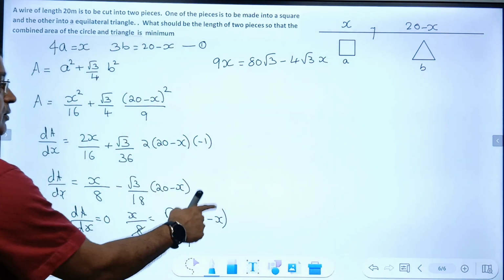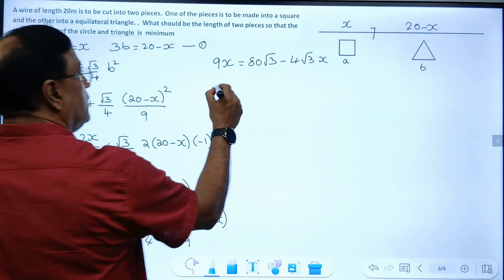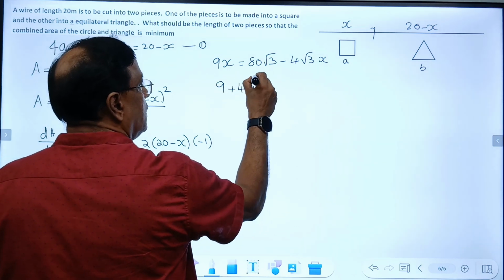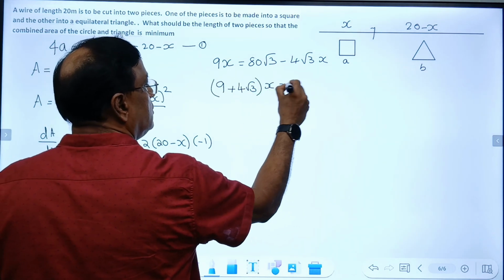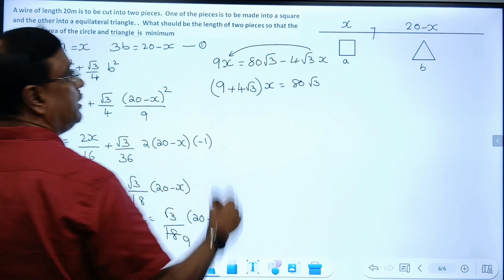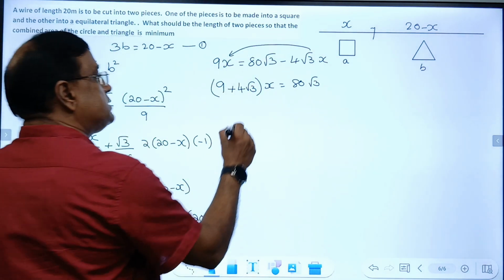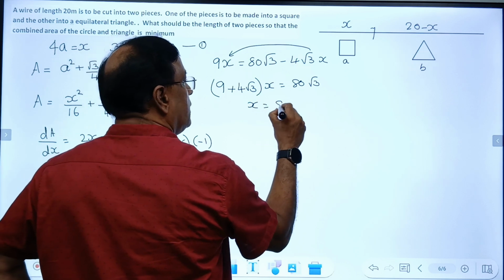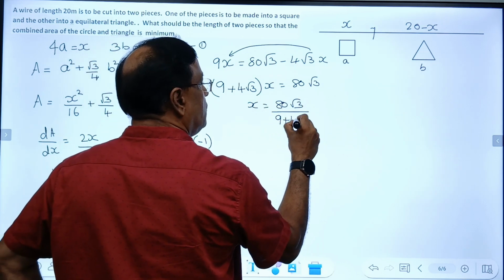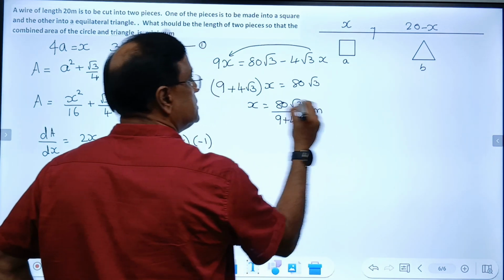Just open the bracket, okay. Now what do you do? 9 plus 4 root 3 into x equal to 80 root 3. I brought this side and I took x outside. So what is x equal to? 80 root 3 divided by 9 plus 4 root 3 meters.